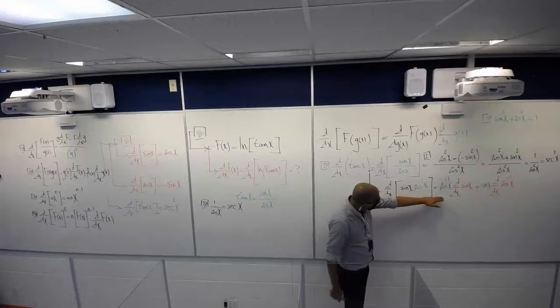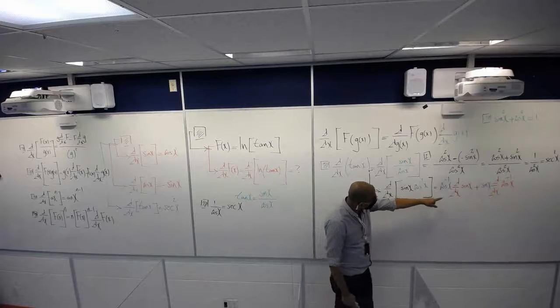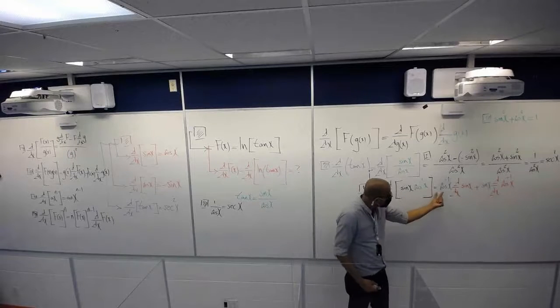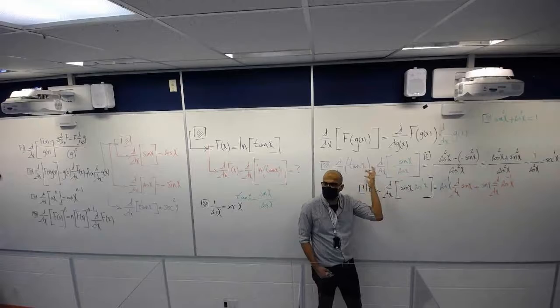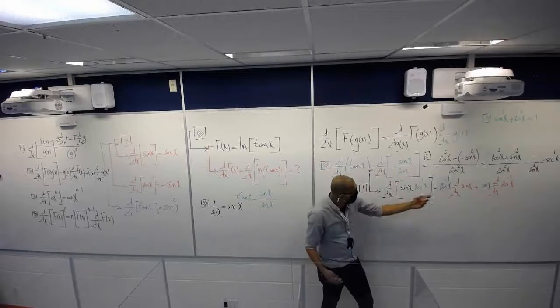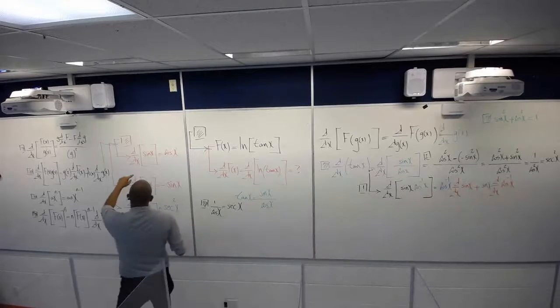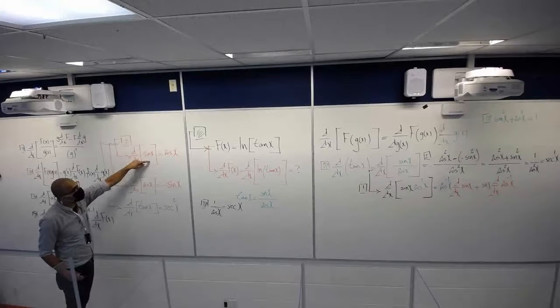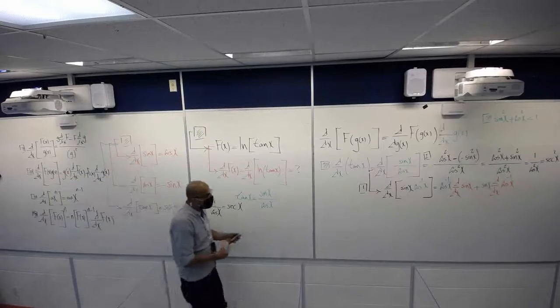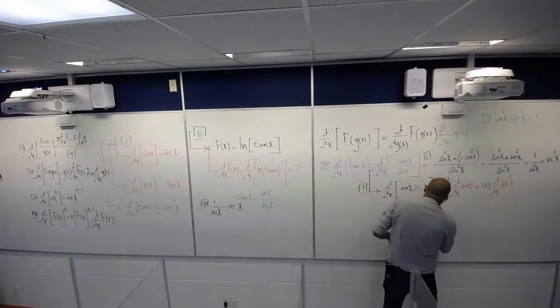Now, when I look at this, I see that I have one term, because cosine to the power minus 1 of x is easy. I have d over dx of sine x. Look at this. D over dx of sine x is cosine x. Then what do I do? I write it the way it is.